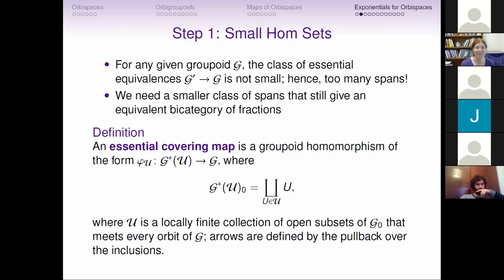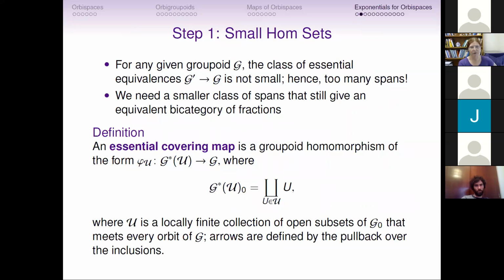So that was our first move in this game, was to define this, where we cut it down to what we call an essentially covering map, which really is, so we really are thinking like every single one of these essential equivalences can be swapped out for just one where we take a covering of our original groupoid and then induce the pullback groupoid on that.